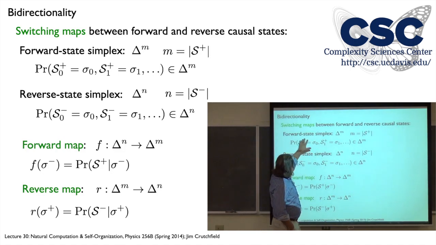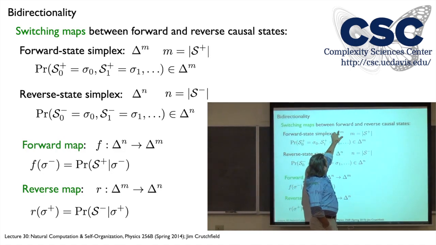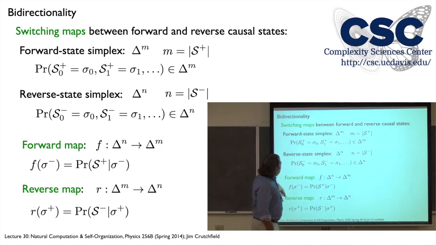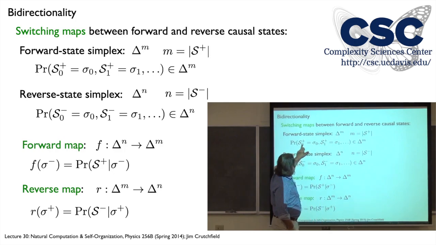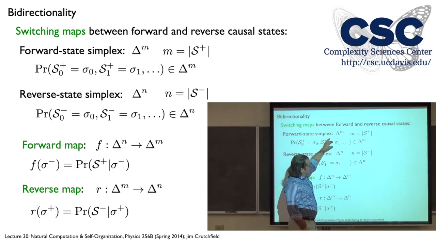So there are the forward causal states. Now, their mixed states live in this simplex. I'll just say dimension m, so that would be the number of recurrent causal states in the forward epsilon machine. And right, so we have these mixed state distributions. Here, I don't mean time. I just mean value for the subindex. Probably the system is in state A, probably it's in state B, and so on.